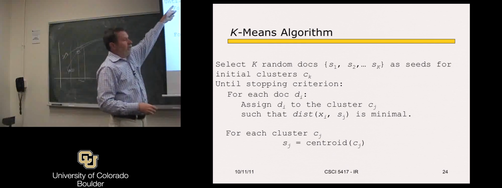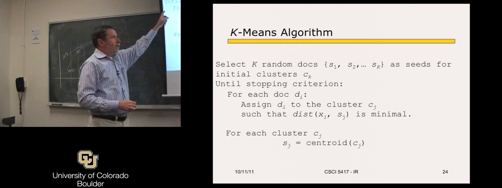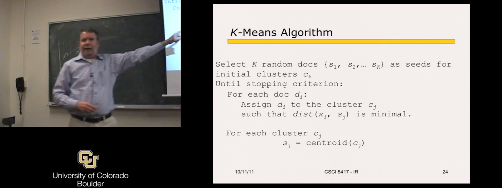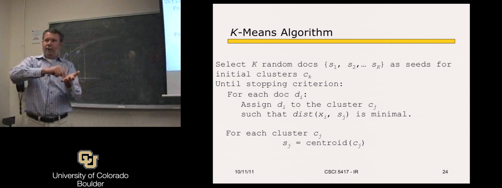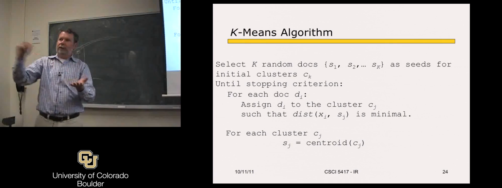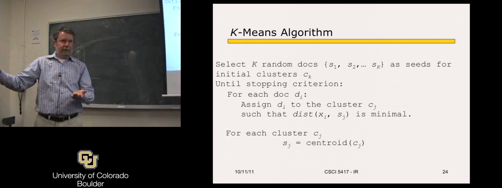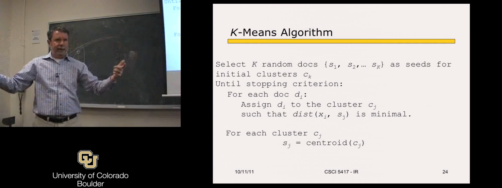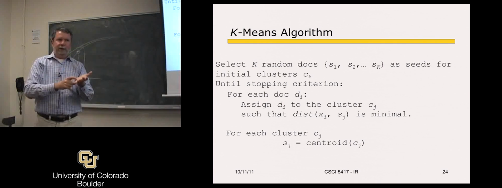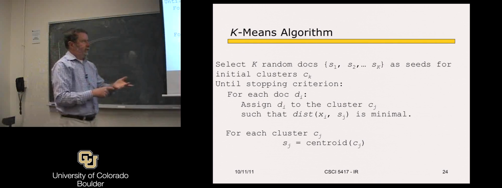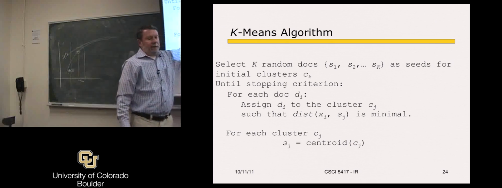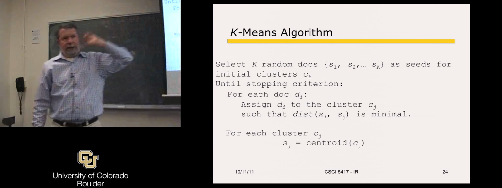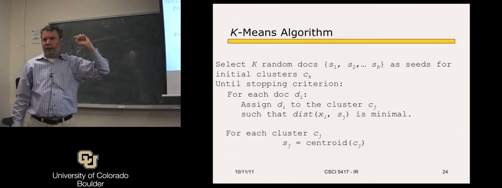So then after I've selected the k clusters, I'm going to loop through all the documents in the collection, and I'm going to compare each document in the collection to each of the k centroids, or in the first step, to each of the k seed documents. And so for each document, I'm going to say, who are you closest to? Right, so basically, I'm going to compute the distance between each document in the collection and each of the centroids for the k clusters.